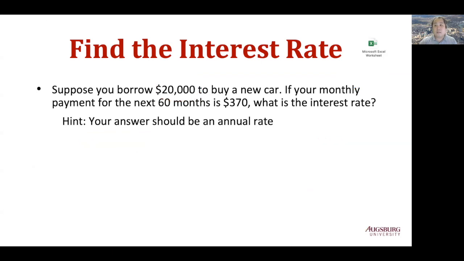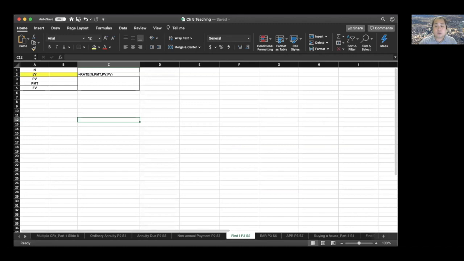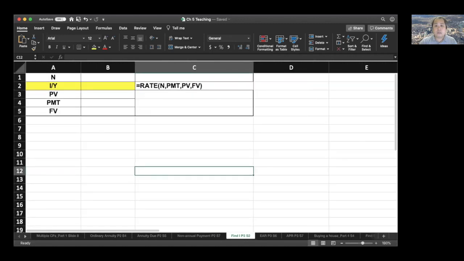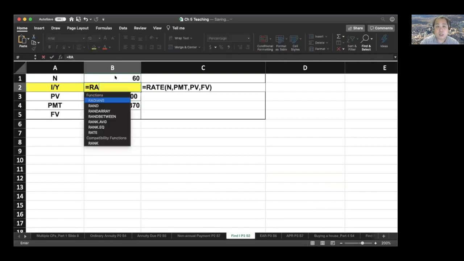So, in the spreadsheet again, how to find the interest rate? Pretty much similar. So we have 60 months, present value 20,000, and negative 370, and 0 future value, and then you use RATE. It doesn't have to be uppercase, lowercase should be fine too.